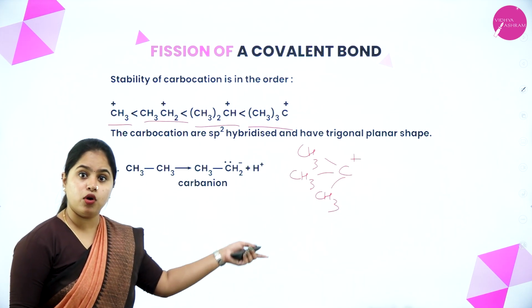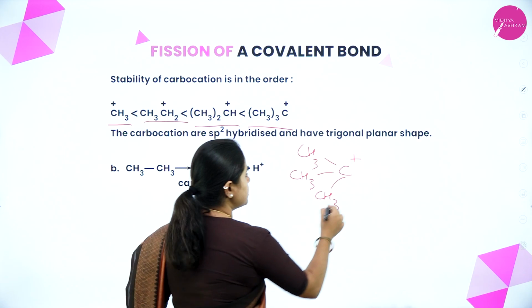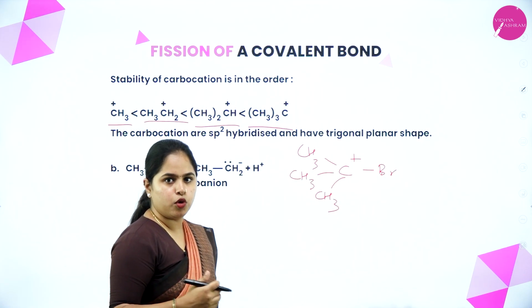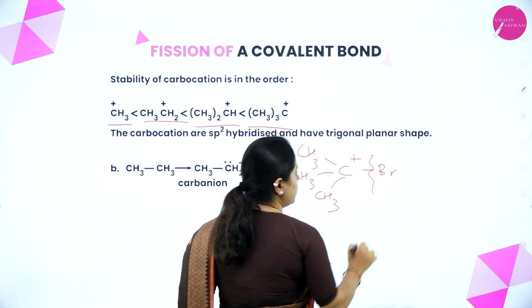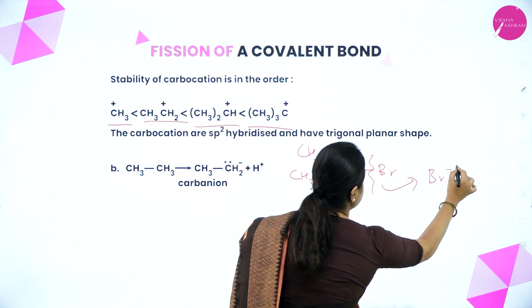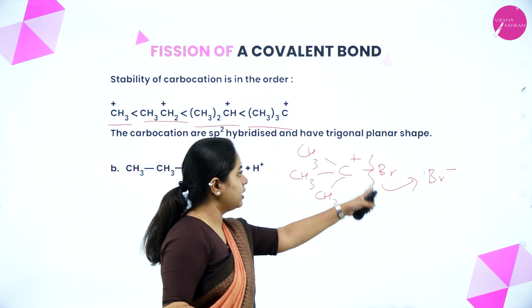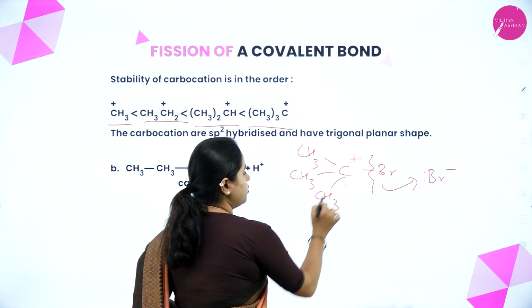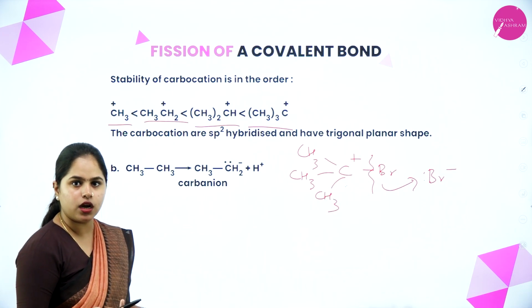So this is a carbocation, right? Let us consider there was a carbon-bromine bond here. It underwent heterolytic cleavage and the bromine took up the two electrons and became negatively charged, and the carbon gets a positive charge. The species which is formed is called a carbocation.